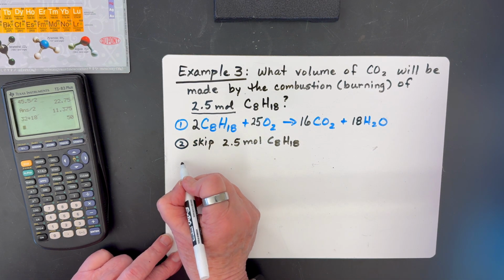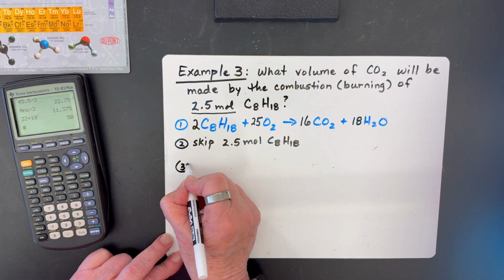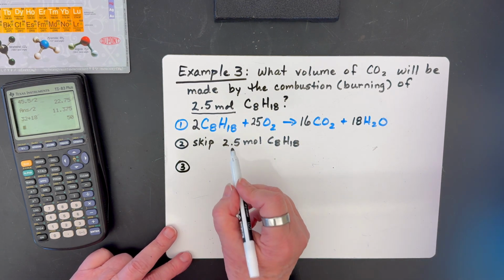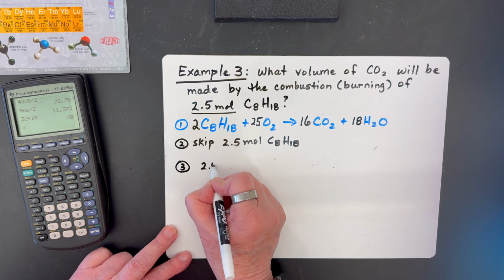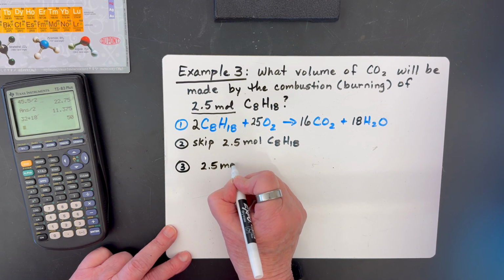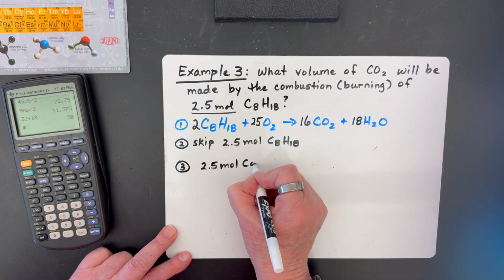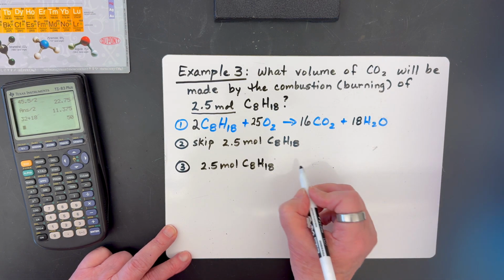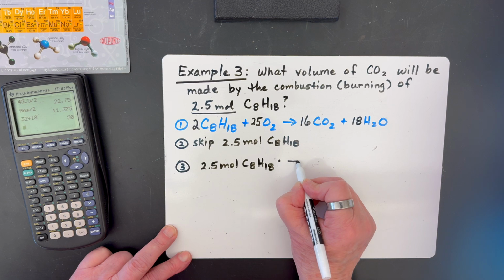Step 3 is our mole ratio, and that's where we're going to use our coefficients from our balanced equation. So we're starting with 2.5 moles of C8H18, and we need a conversion factor.